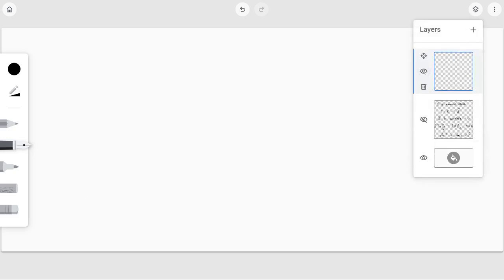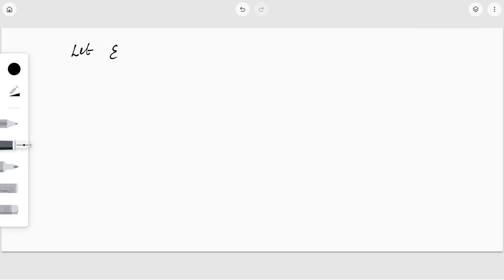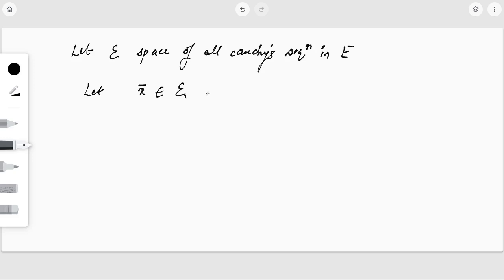First, let script T be the space of all Cauchy sequences in the given normed space E. So let us consider a sequence. Let x cap belong to script T. Then what can we say? This sequence x cap would be Cauchy, right?